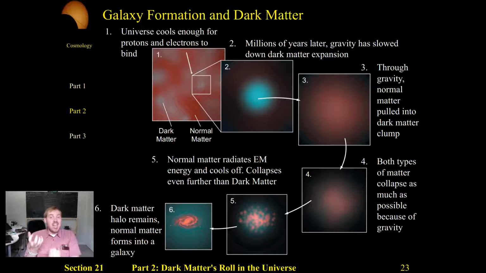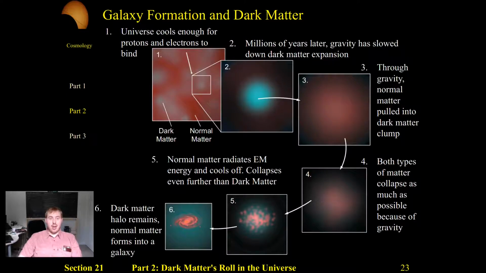And now you're left with this dark matter halo that's compressed basically as much as it could be due to gravity. But the normal matter has formed into tiny little pockets inside this cloud of dark matter. And now, wait a few more million years, and those interactions of the regular matter finally start to swirl together and make the galaxies that we know and love today.